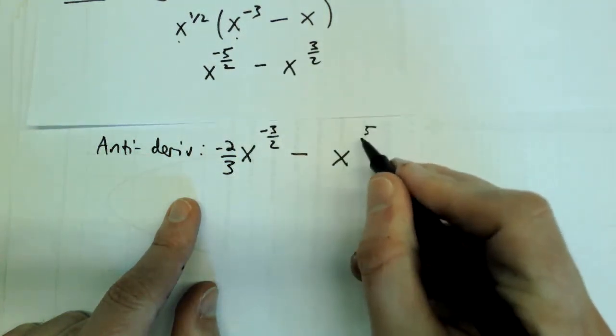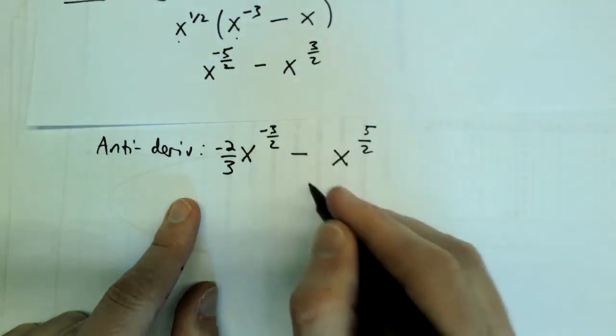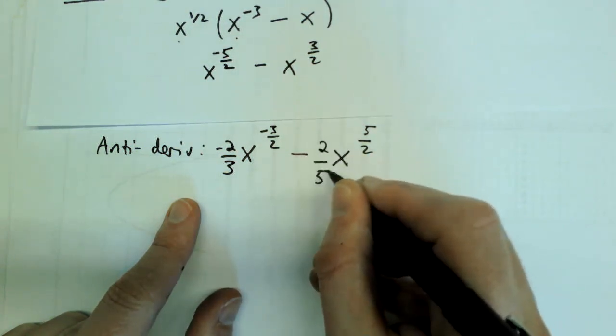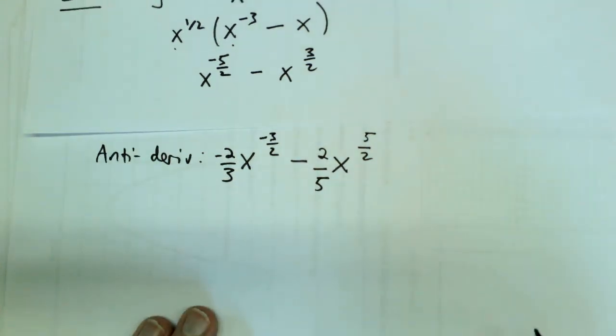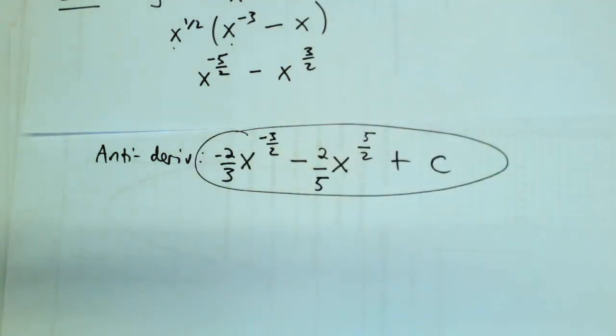Yeah, 5/2, right? One more than the original exponent. And now what coefficient do I need to put in front? 2/5. Okay, so that is, well, what have I already forgotten? What am I forgetting? Yeah, the plus c, okay? So that's the indefinite integral, that's the antiderivative.